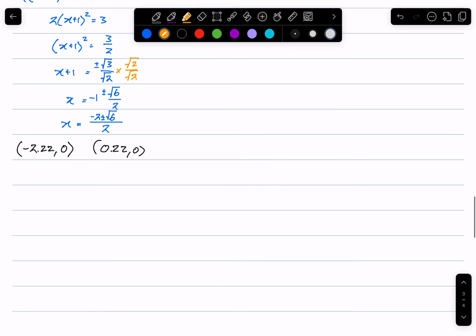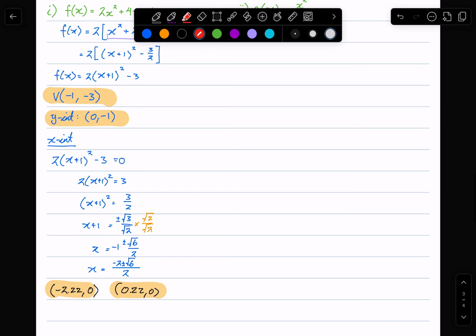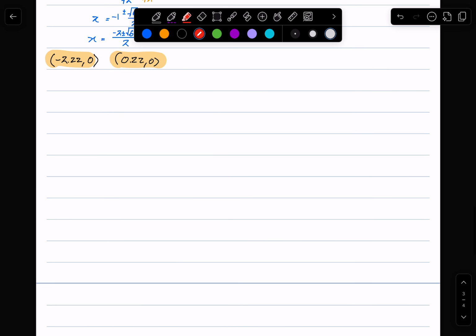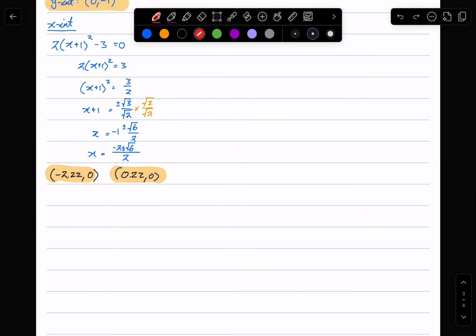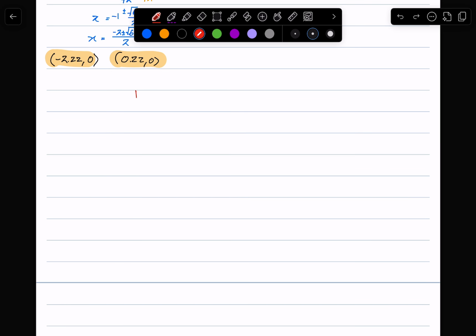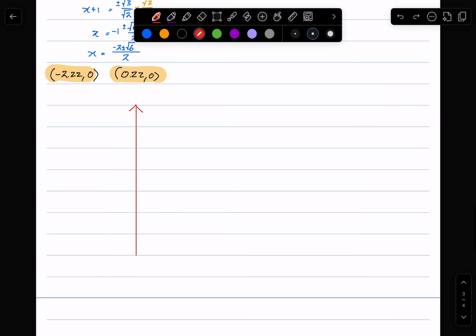Now using these points, we can sketch our parabola. 1, 2, 3, and 4. So taking all of these points into account, let's just sketch this out. Whoops. Negative 2, 0. So we need this much. The vertex only went to negative 1, so we don't need to go too far.